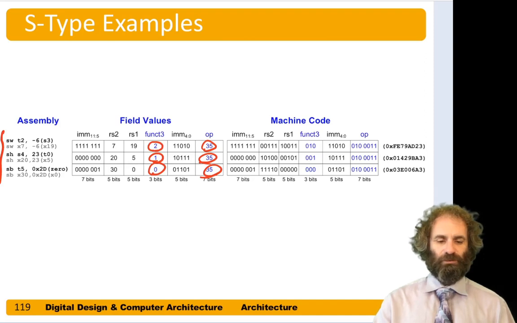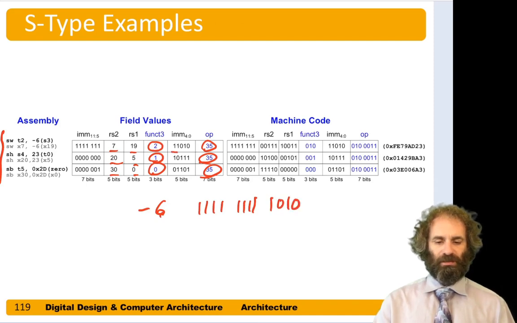They have 2 source registers and an offset. So an offset of -6, as a 12-bit number, is 1111111010, makes -6.